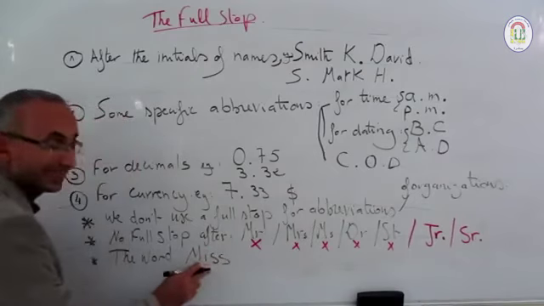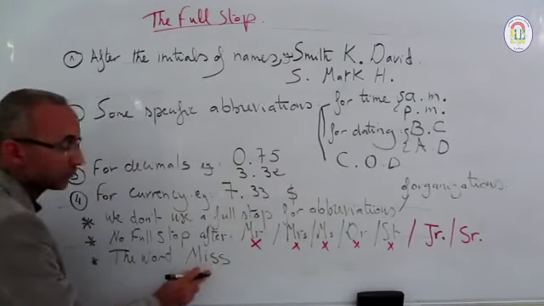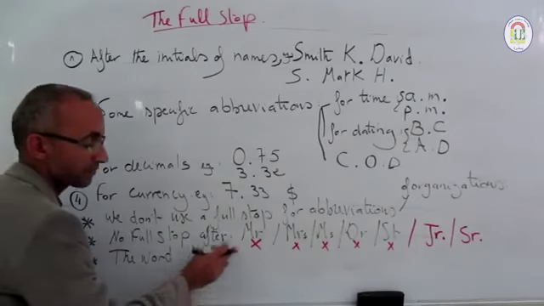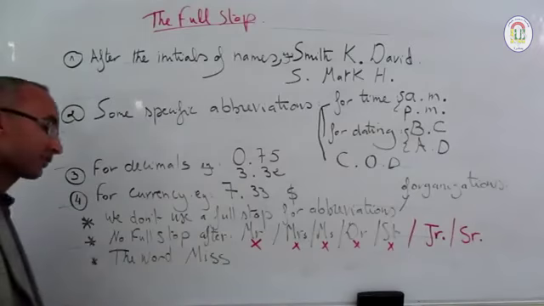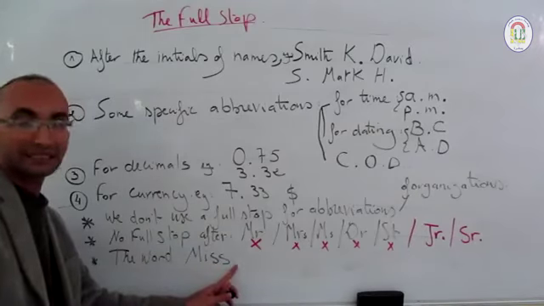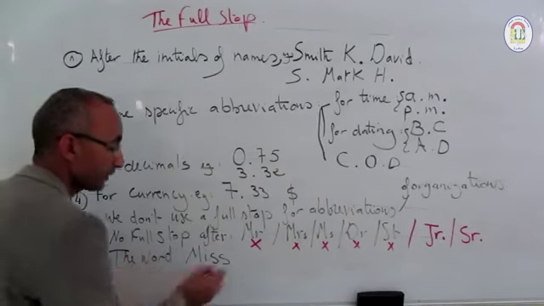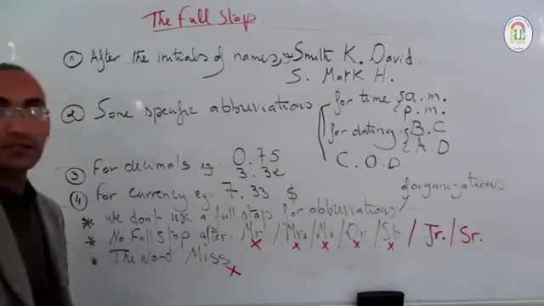Because miss is not an abbreviation, it's a full word. So there is no need at all to write any full stop after it. In case you find a full stop after it, it's a common mistake. It is wrong. So here also, we don't put any full stop after the word miss.